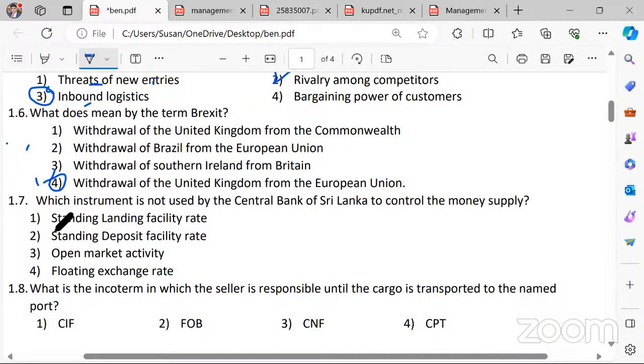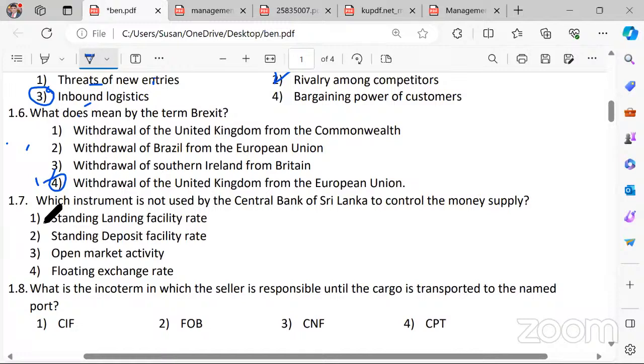The Commonwealth is the collection of countries which were under Britain in the colonial period. Those countries are in the Commonwealth organization, right? We also conducted one summit in Sri Lanka, CHOGM, if you can remember, right?